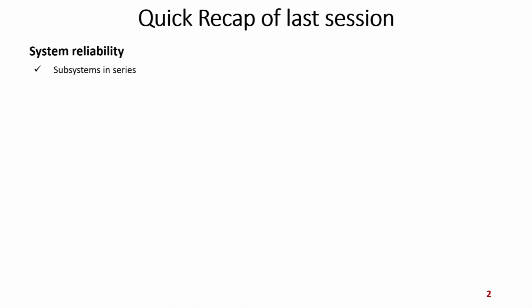So, we considered the subsystems in series. In series means all the subsystems are required to perform satisfactorily, then only you will have the system performance. That means no component in the chain should fail.